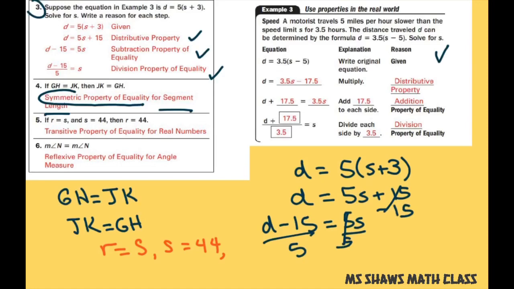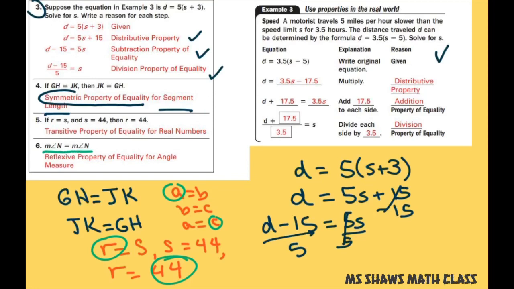Therefore, R equals 44. That's your transitive property. A equals B, B equals C, then A equals C. These two equal, so these two equal. All right, and then if you have something like that where they're exactly the same, that's the reflexive property of equality. And that is for angle measurement because these are angles.